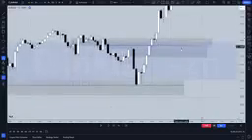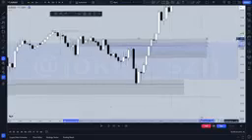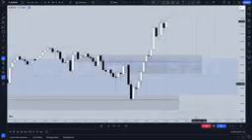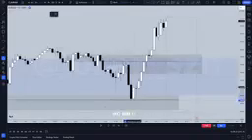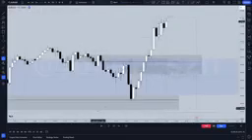So we have multiple PD arrays of confluence which are aligning. And now you can also use the flip tool to determine premium and discount. So we also have the discount right here aligning with those PD arrays, right?